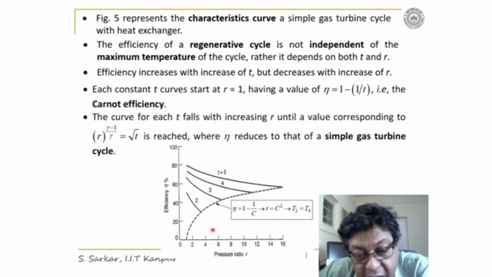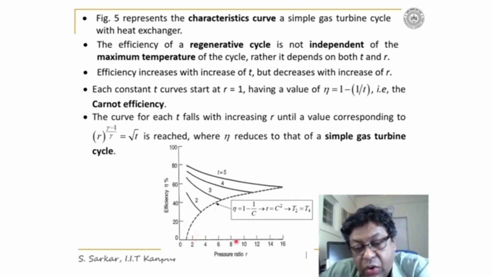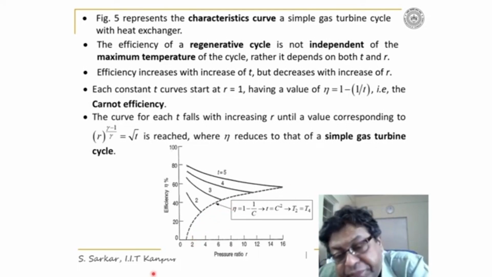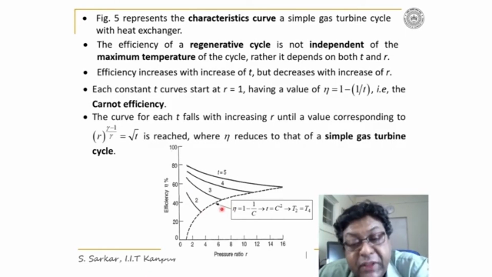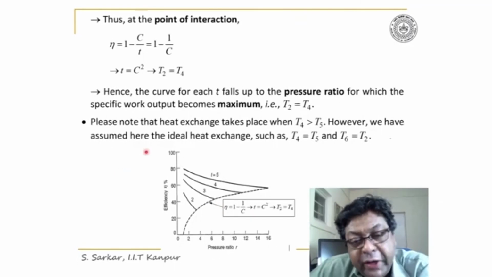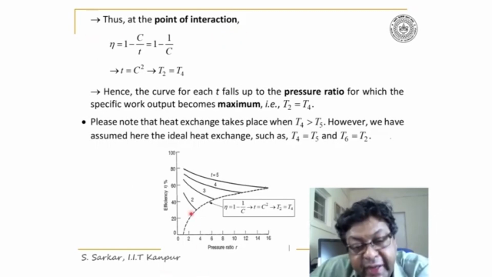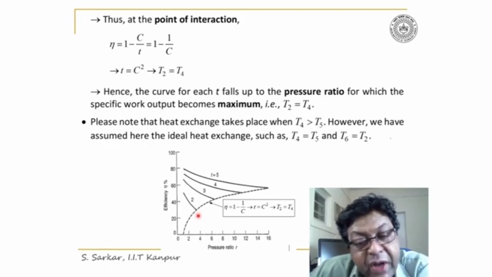That means, what I would like to say, the point of intersection here, which has been expressed by the dotted line, the locus of all points of intersection, represents the efficiency of a simple gas turbine cycle. With respect to figure 5, at the point of intersection, the efficiency of the regenerative cycle would be equal to the efficiency of a simple gas turbine cycle.